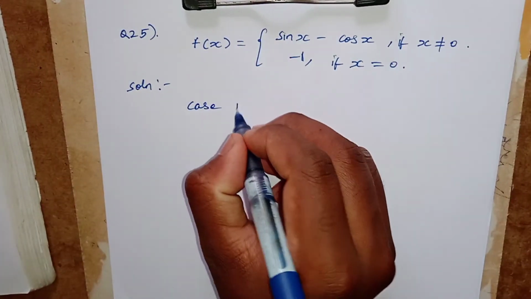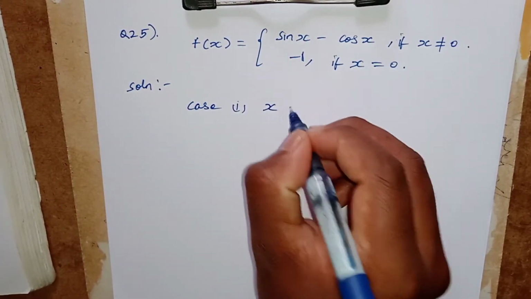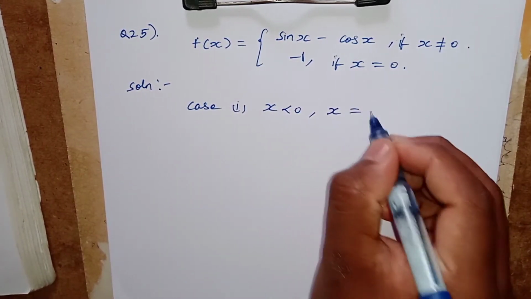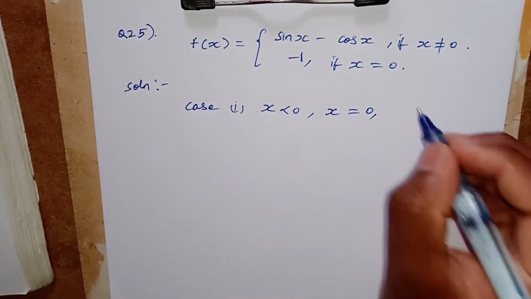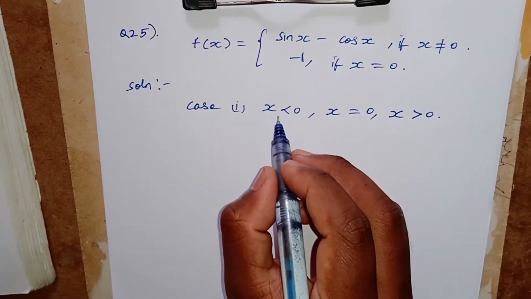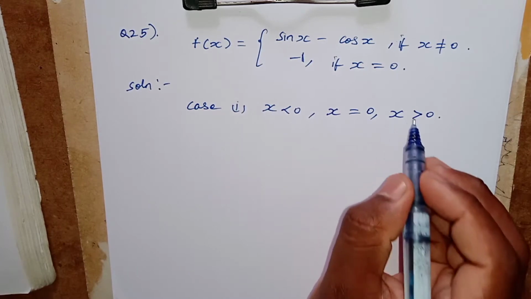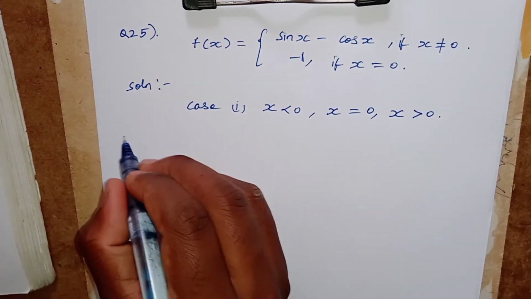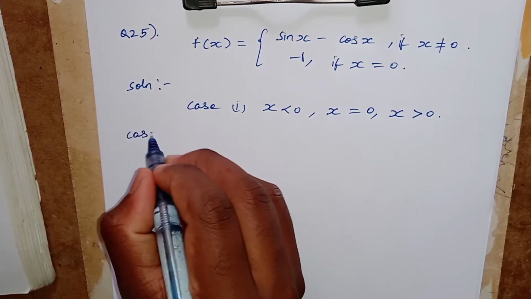Case 1, x is less than 0. Case 2, x is equal to 0. Case 3, x is greater than 0. So: less than 0, equal to 0, greater than 0.